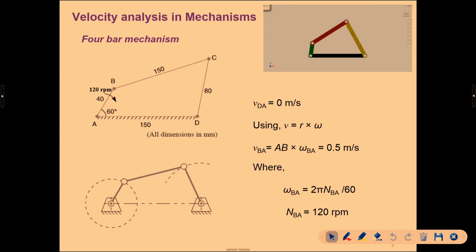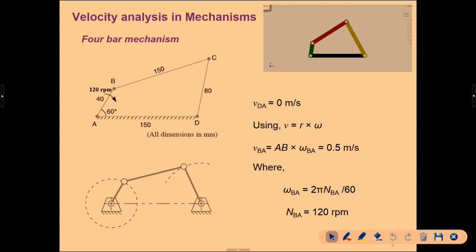Now with this understanding, we will start making velocity analysis. In the case of this mechanism, all these velocities will be represented as relative velocities. For example, if I talk about the velocity of B, I will talk with respect to A or with respect to C.